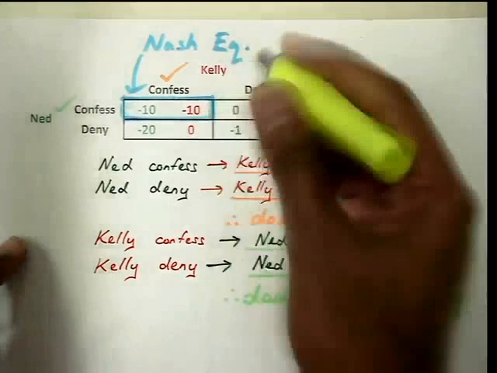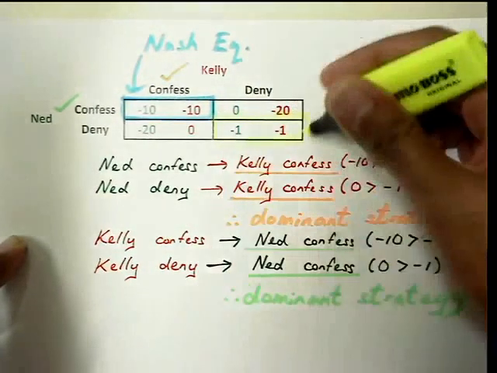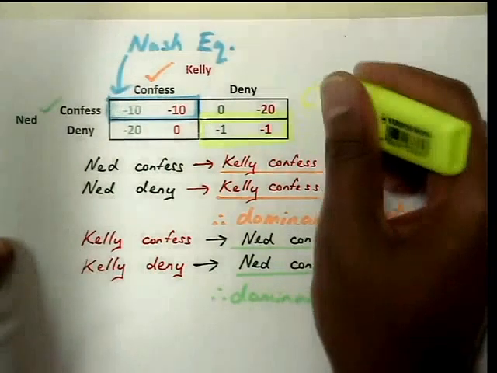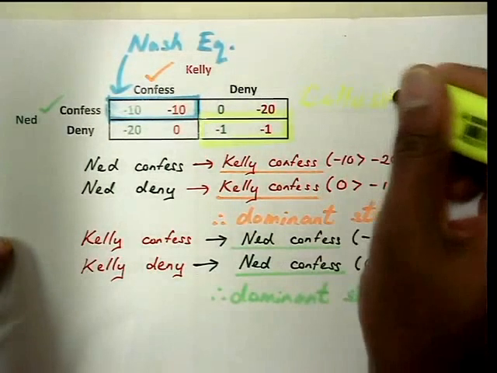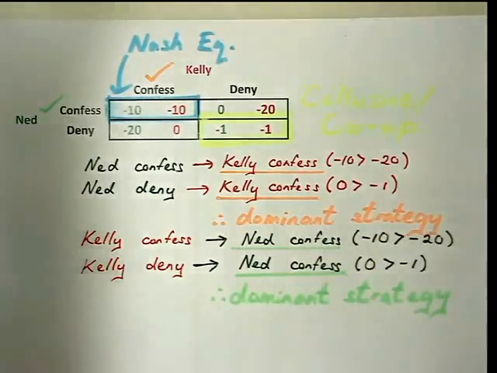Had they both worked together, they would have chosen to deny. We call this the collusive or cooperative outcome.